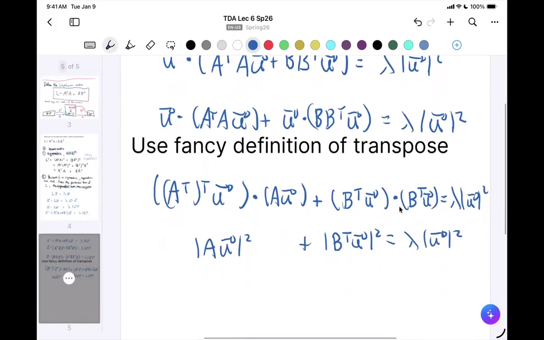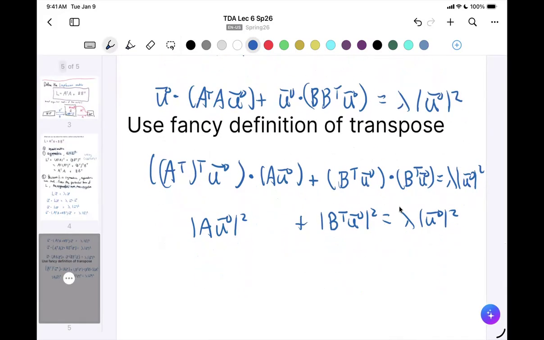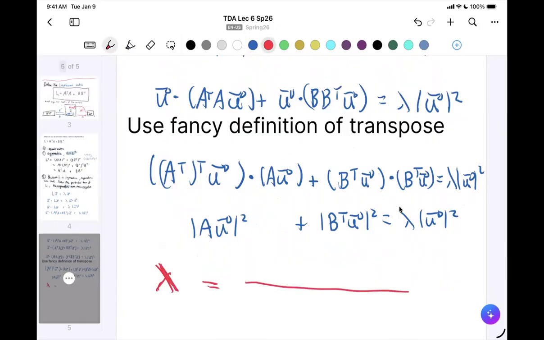So what is this saying? An eigenvector never has a zero length, so you can divide both sides of the equation by the length of u squared. That gives you a formula for lambda, which is a completely useless formula, but it does tell you something about the sign of lambda.